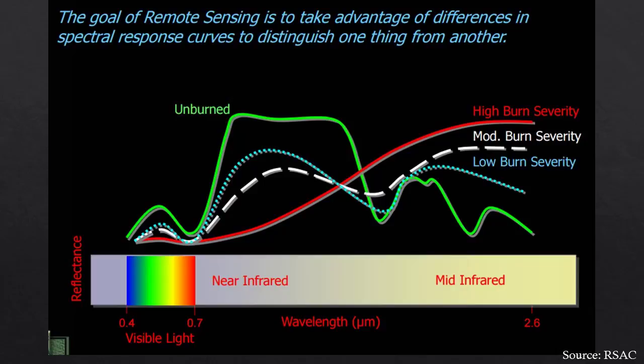Imagery collected over a forest in a pre-fire condition will have very high near-infrared band values and very low mid-infrared band values. Imagery collected over a forest after a fire will have very low near-infrared band values and very high mid-infrared band values.